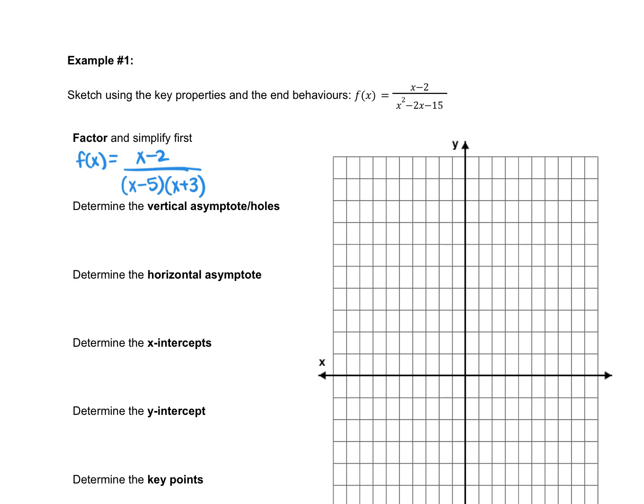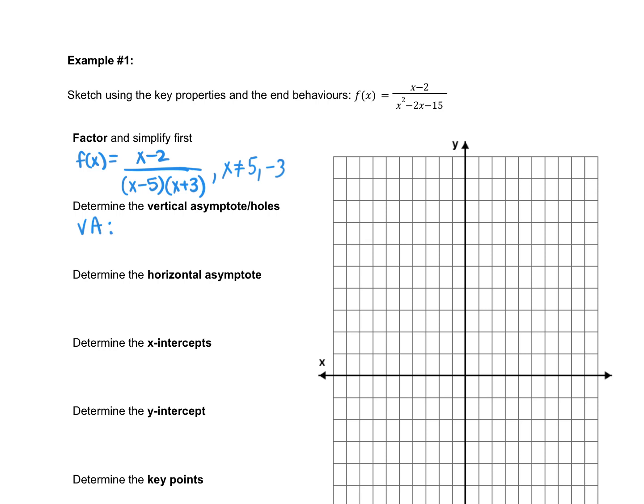And of course, I'm going to write my restrictions. And I know these restrictions of 5 and negative 3 will result in either a vertical asymptote or a hole. In this case, because neither of the factors cancel out with anything in the numerator, both of these restrictions are a result of vertical asymptotes.